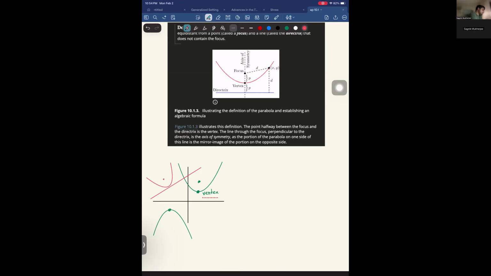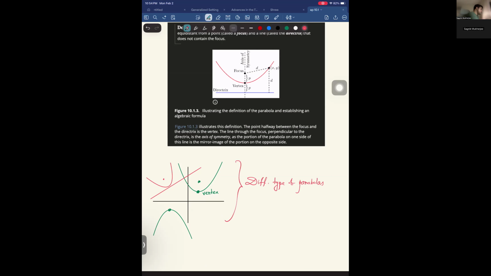So let me label different type of parabolas. So do not keep this idea in your mind that parabolas are always straight vertical or straight horizontal or something like that. Like, meaning this can be also.